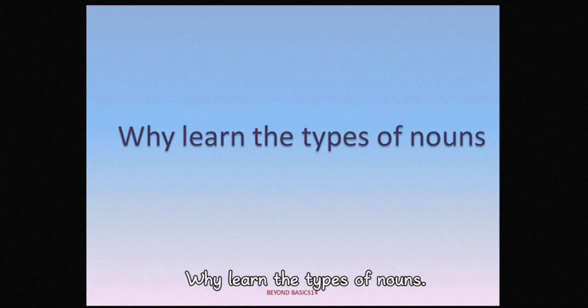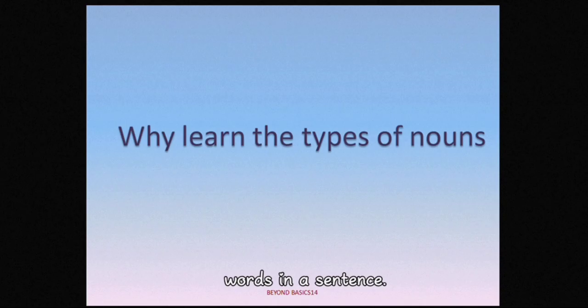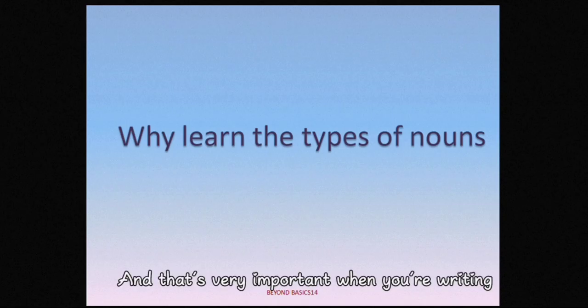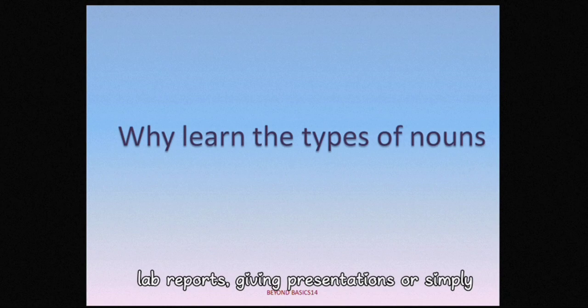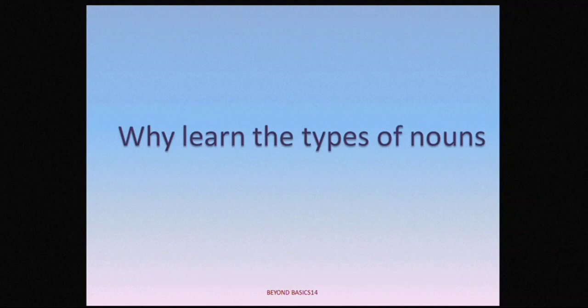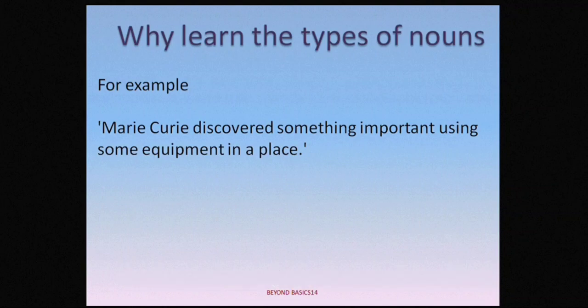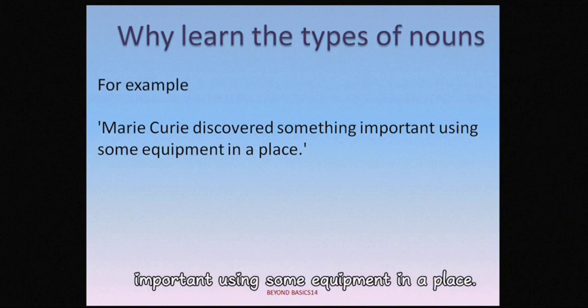Why learn the types of nouns? Because it helps us understand the role of words in a sentence. And that's very important when you're writing lab reports, giving presentations, or simply explaining your ideas to someone else. For example, let's say Marie Curie discovered something important using some equipment in a place.